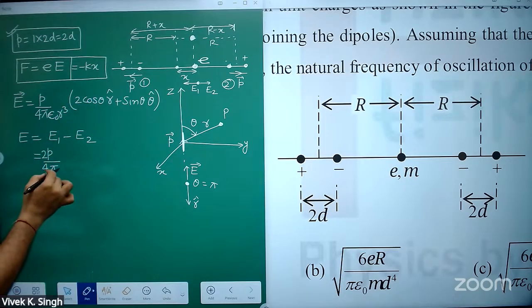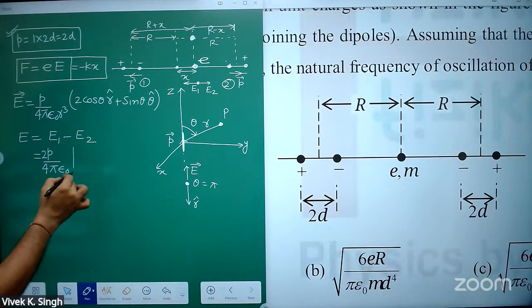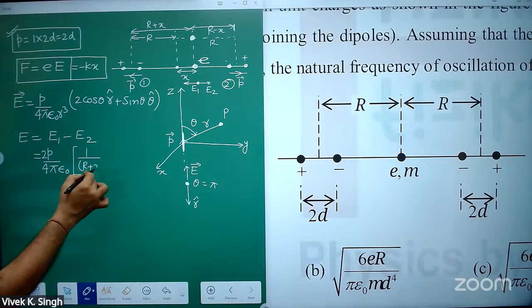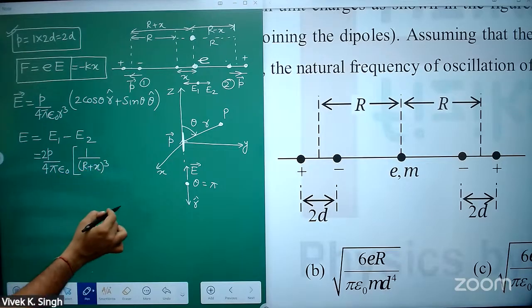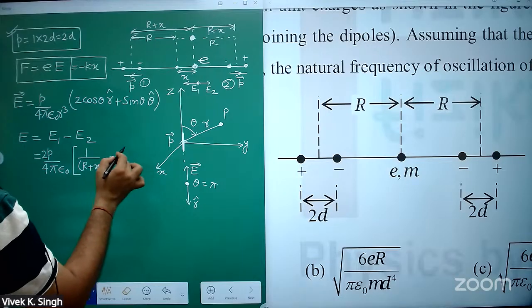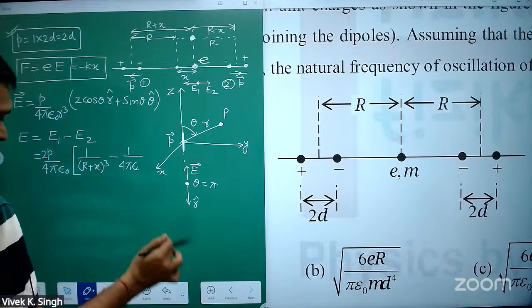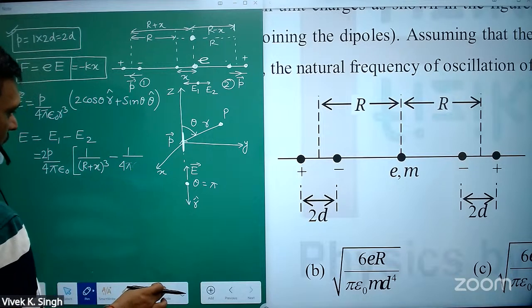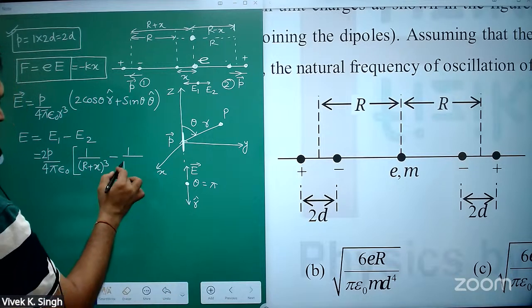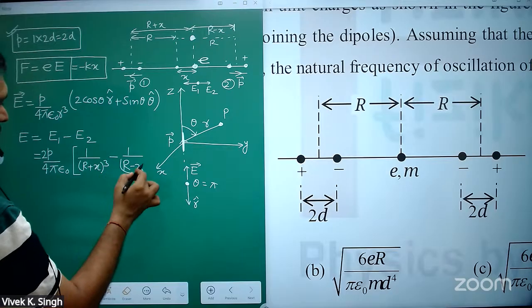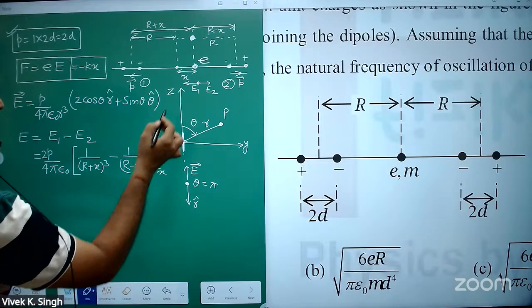So 2P by 4 pi epsilon naught, and now we will write it as 1 by (r plus x) whole cube, and then 1 by 4 pi epsilon naught, 1 by (r minus x) whole cube. So this will be the resultant field.